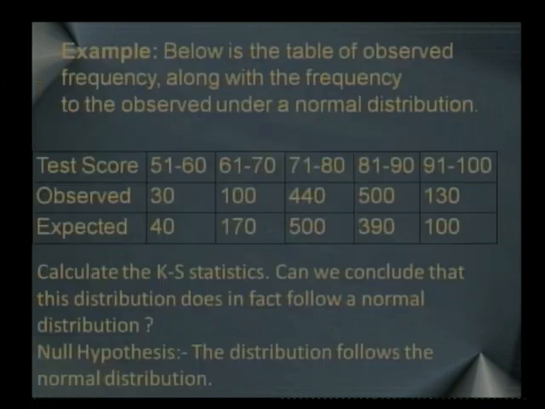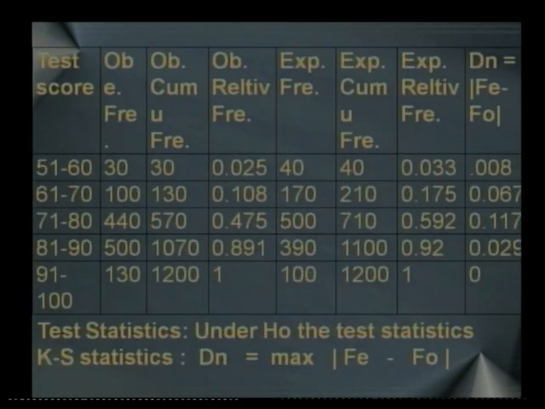Let us take an example and it will be clear. The table and data are given, and I have to apply the normal procedure. Obtain the observed frequency, then the observed cumulative frequency by adding 30 plus 100, 130 and so on, until you get 1200. The observed relative frequency will be 30 divided by 1200, which is 0.0225, and so on.